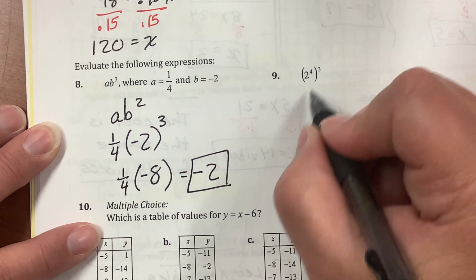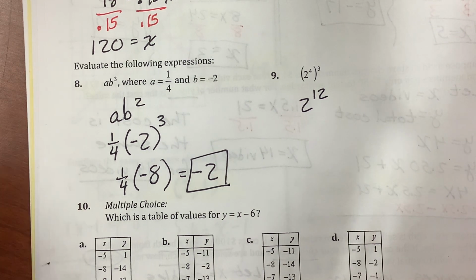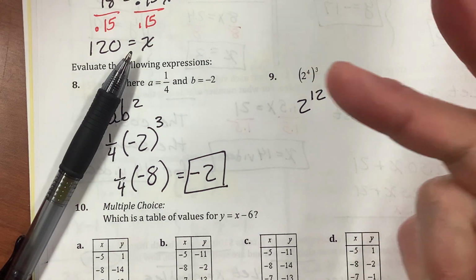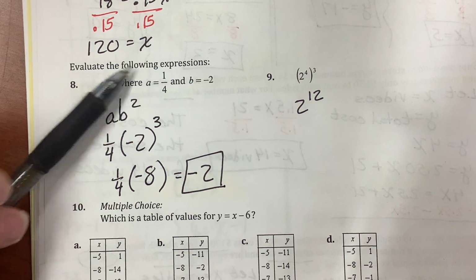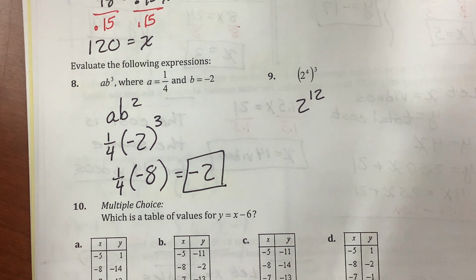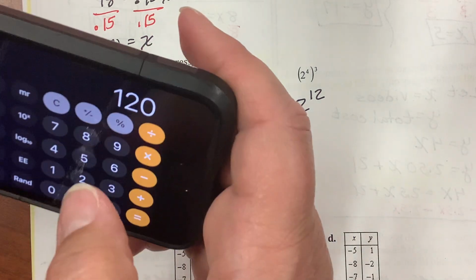Multiply those. 4 times 3, 2 to the 12th power. Ugalicious. 2 times 2 is 4, times 2 is 8, 16, 32, 64, 128, 256, 512, 1048, 2096, 40, oh gosh, I'm gonna actually have to math on my calculator again.